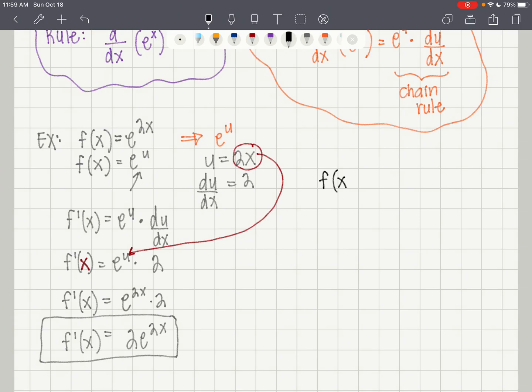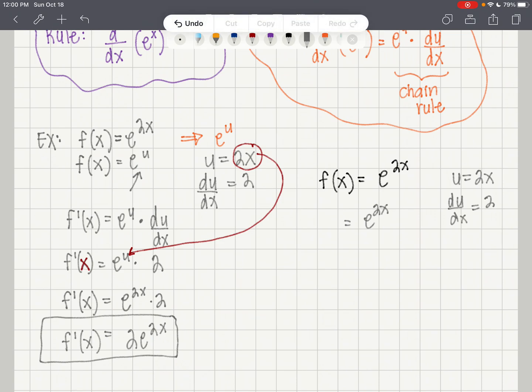So let me show you in my own words how we're going to do this. Sometimes we are going to have to go off to the side and say, okay, let u equal 2x, and then du dx equals 2. And you're going to say the derivative of e to the u is e to the u, which would be e to the 2x, times the derivative of the inside, which is 2 e to the 2x.